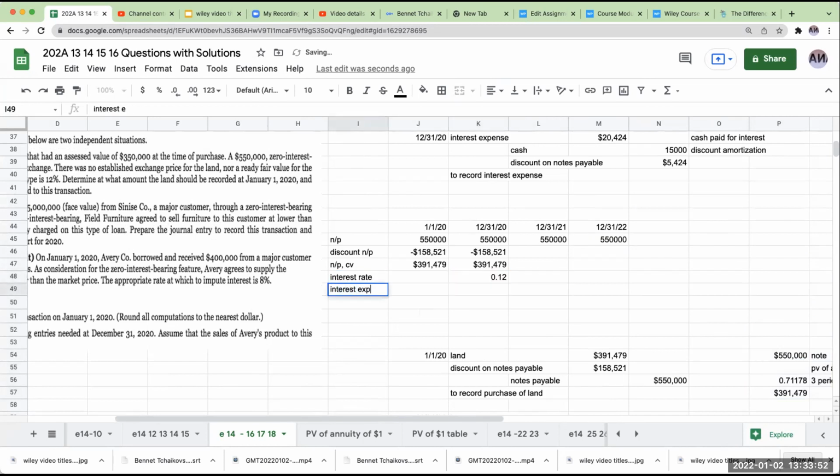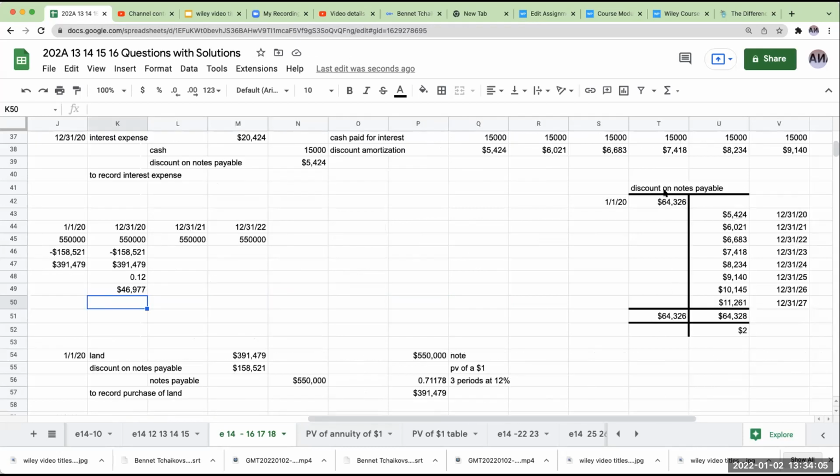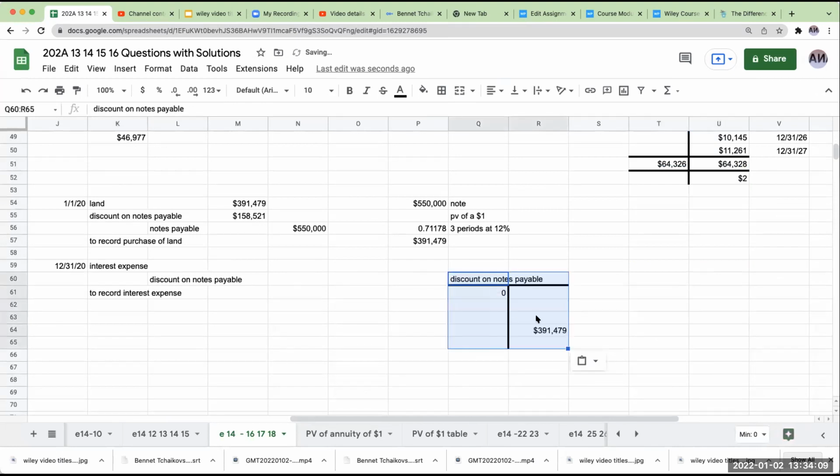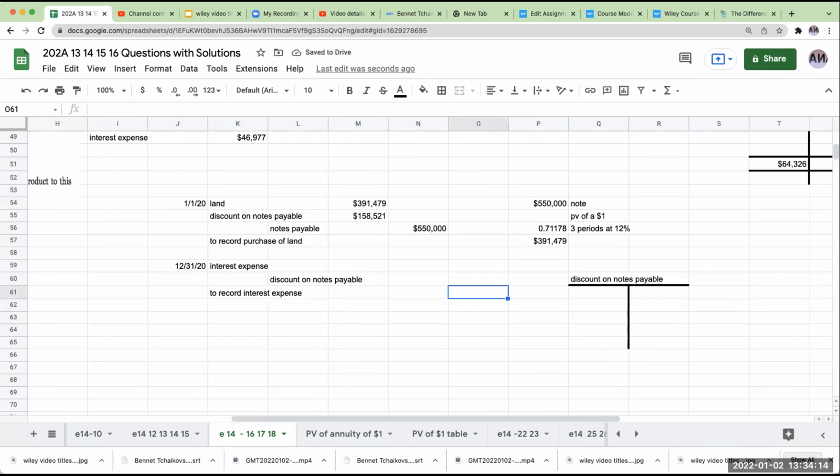So my interest expense is going to be 46,977. If you want to take a look at the walkthrough for 14/16, I do a little bit more of an in-depth on this.